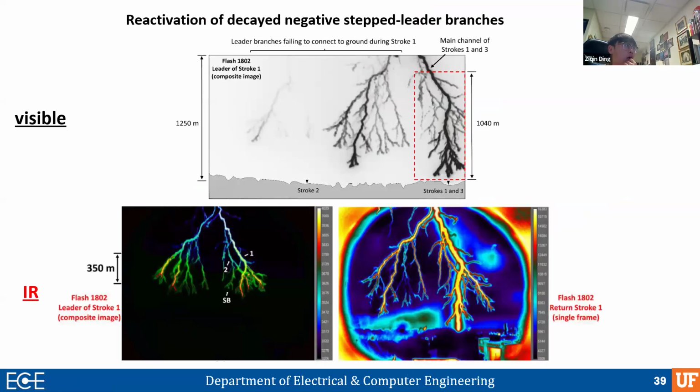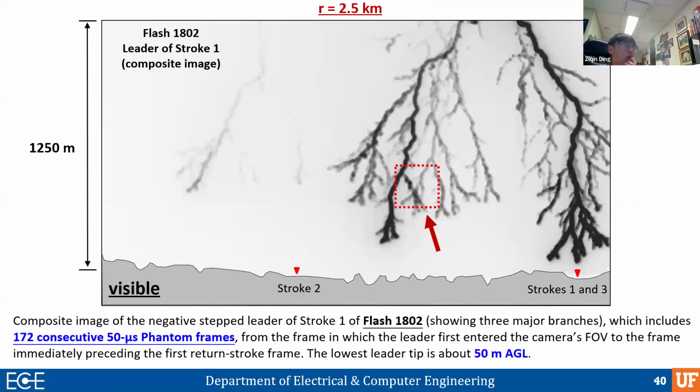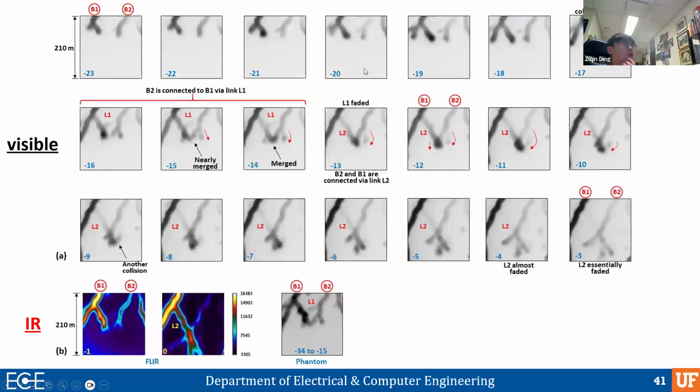So here, next, we show a different region. We just showed this region, and now we're going to jump into this region. Similarly, we see 2 active negative step leader branches collide with each other, and after the connection, one leader branch, which we call L2, disappeared, absorbed by the newly formed leader branch.